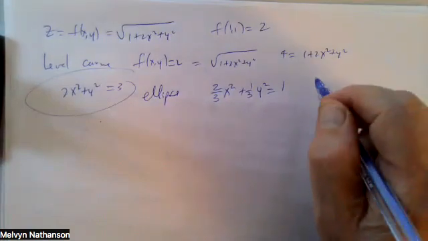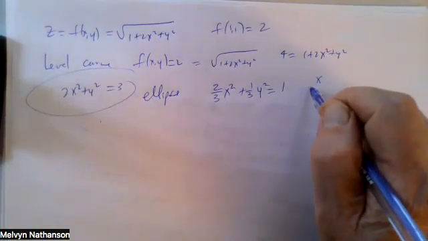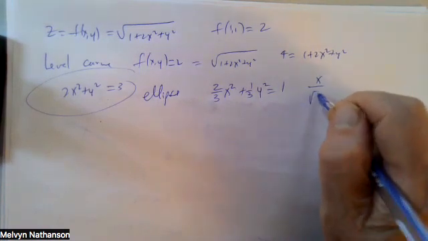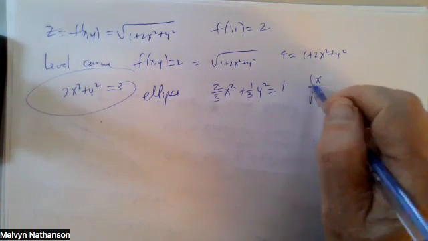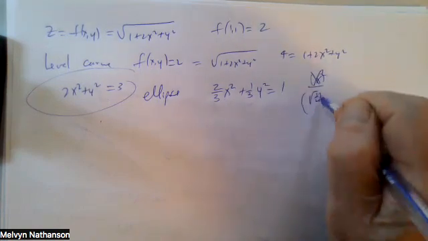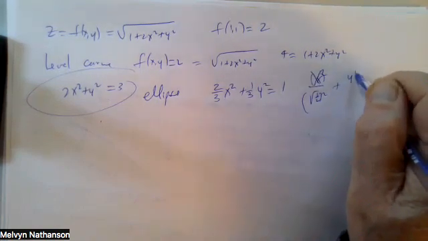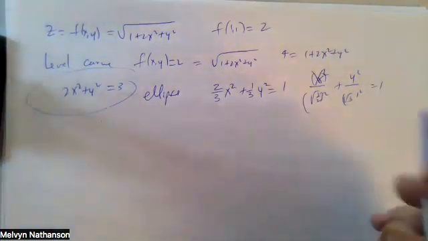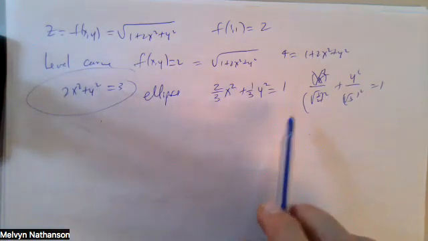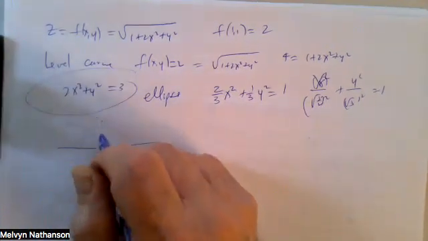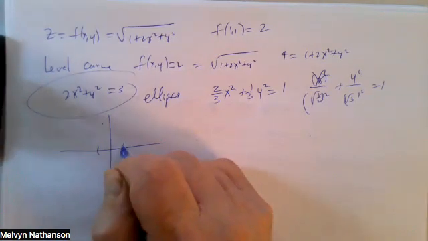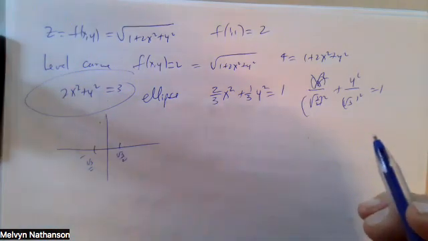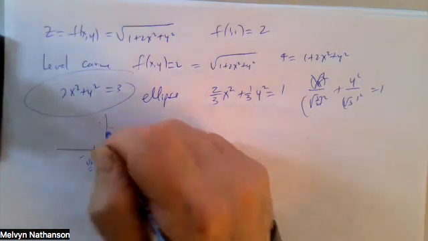Or another way of writing this is that x over the square root of 3 halves, squared, plus y over the square root of 3, squared, equals 1. So this is an ellipse where the major axis is root 3 over 2, and the minor axis is root 3.